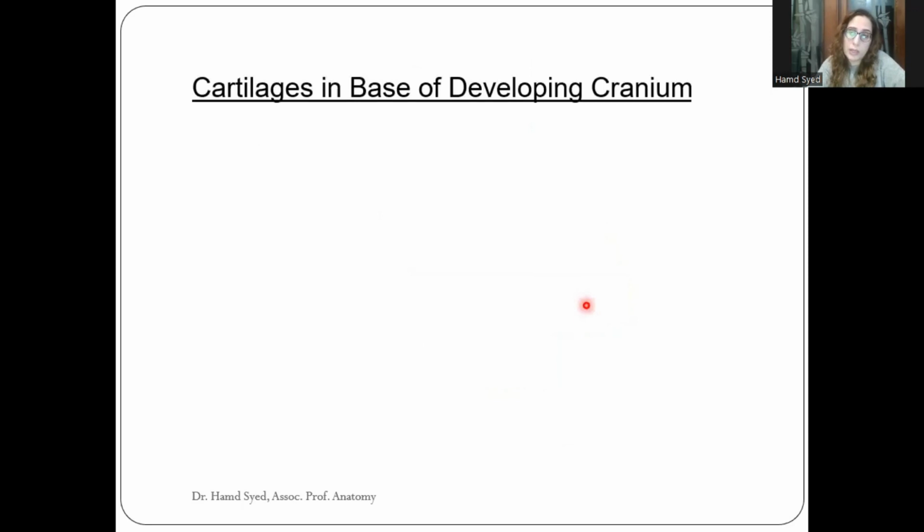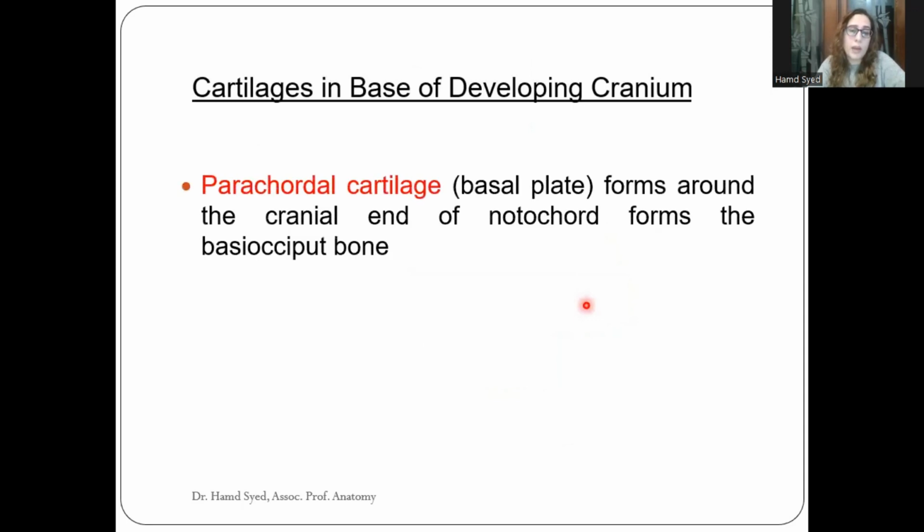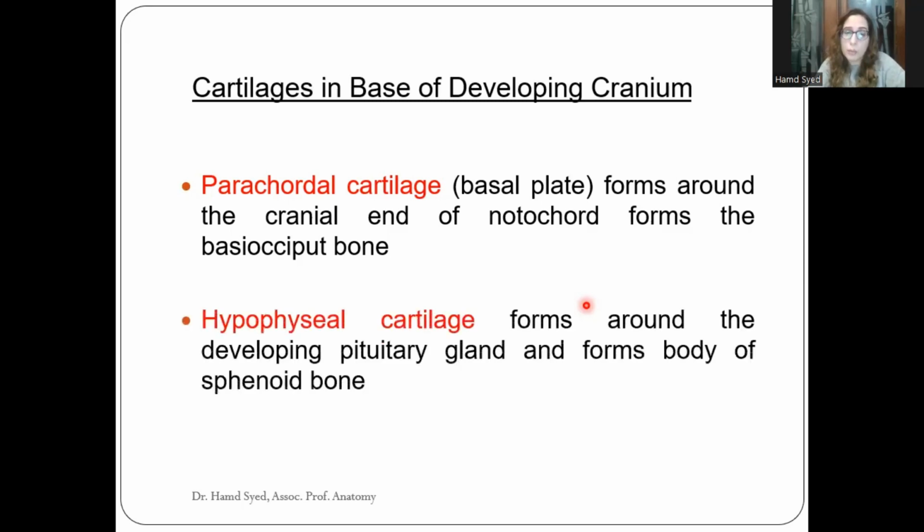Let's summarize the cartilages in the base of developing cranium. If we summarize them, we can remember them in a much better way. So the paracaudal cartilage forms, remember, around the cranial or superior aspect of notochord, forming the basio-occiput. The hypophyseal cartilage forms around the developing pituitary gland, and this will form the body of the sphenoid bone.